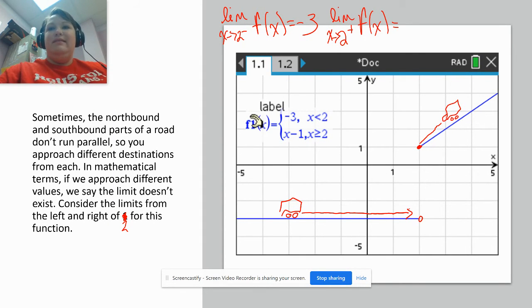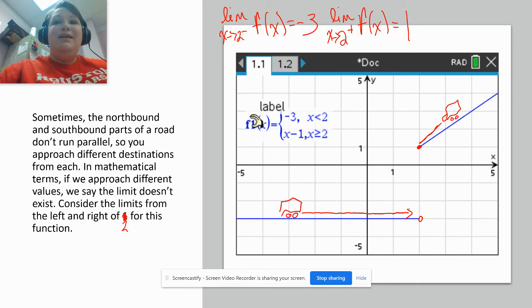Okay. As we approach 2, the closer I get to 2, my sister-in-law stays at -3. That was true no matter where we went. But as I approach 2 here, notice that my brother is getting closer and closer to 1. So his limit is 1. Now, I want you to stop and notice something.